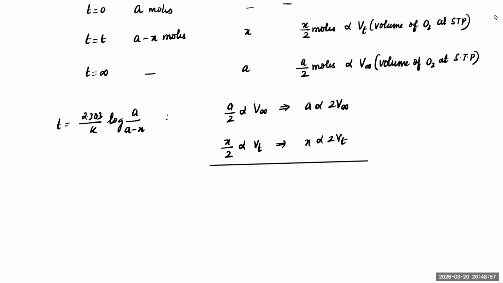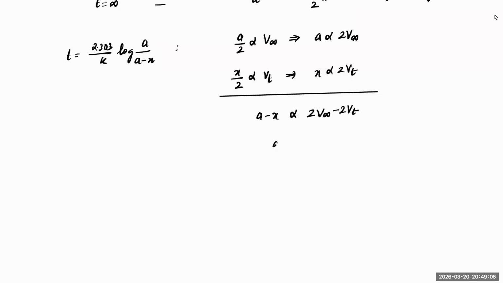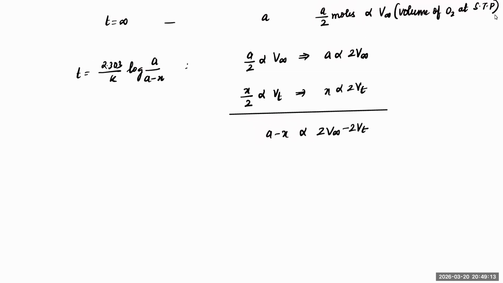So A minus X will be proportional to 2V infinity minus 2Vt. And since A and A minus X are proportional to the volume, I can say A by A minus X will be equal to 2V infinity by 2V infinity minus 2Vt, which is equal to V infinity by V infinity minus Vt.